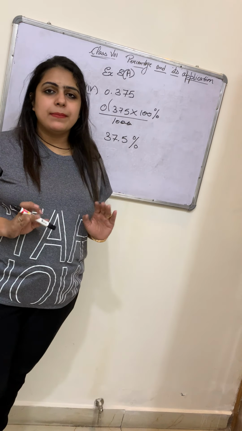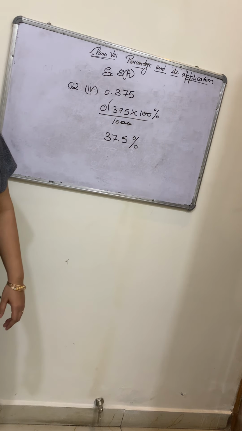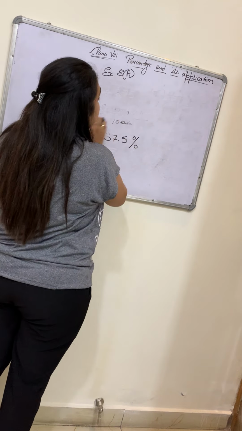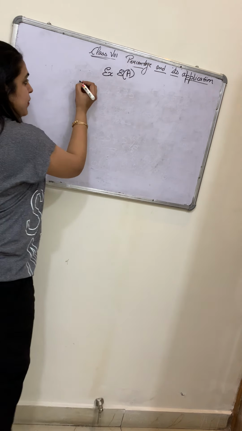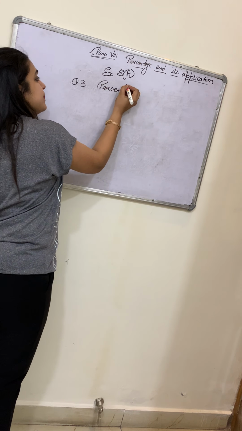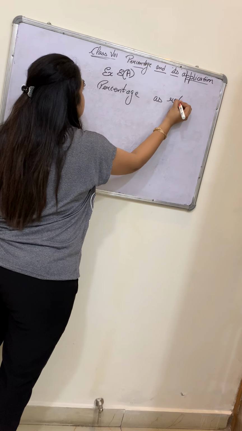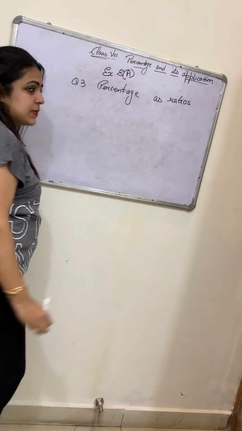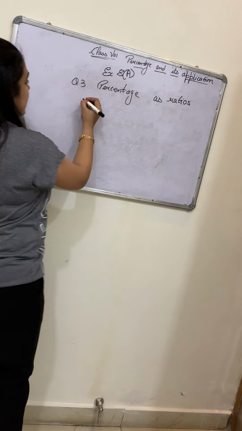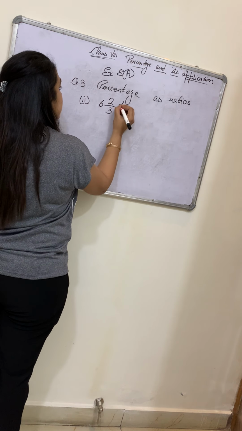The very simple one. Coming to question number third, express the following percentages as ratios. We have to express the percentage as ratio. For converting percentage into ratio, I am doing the second part, that is 6 whole 2 upon 3%.